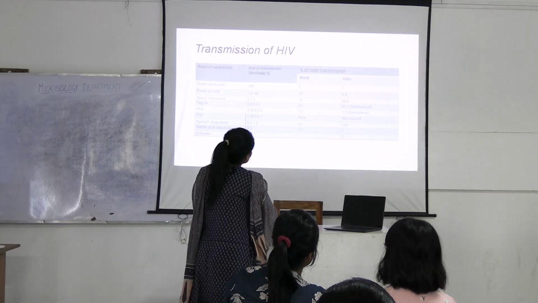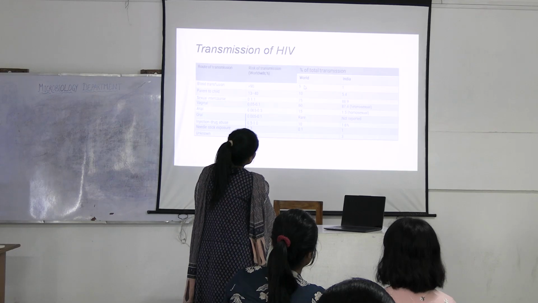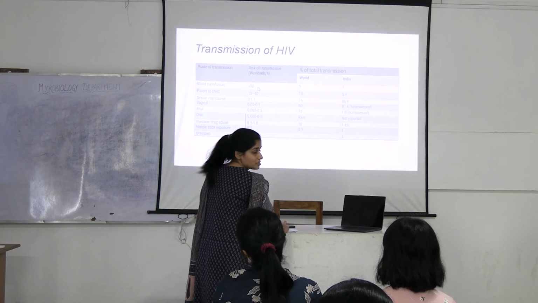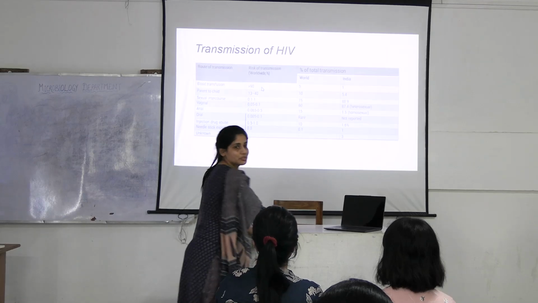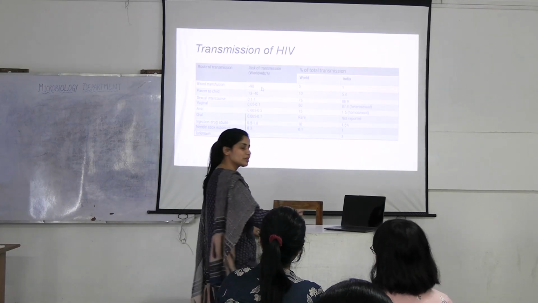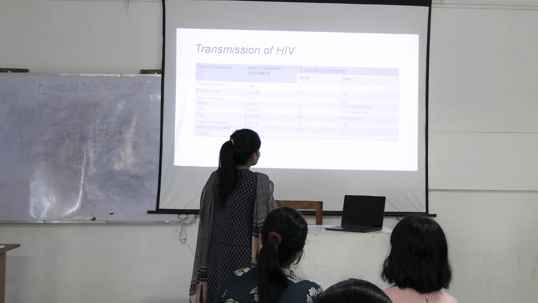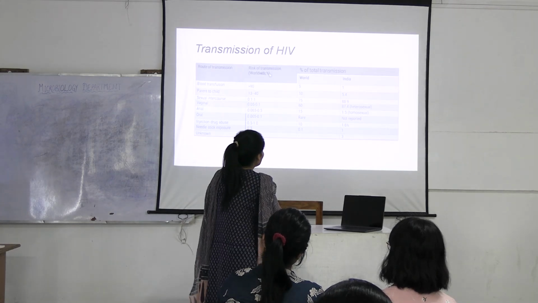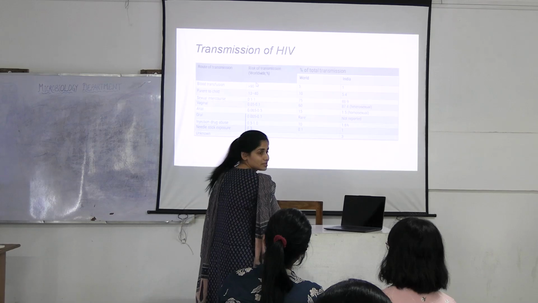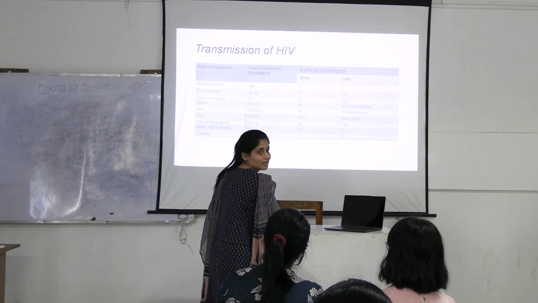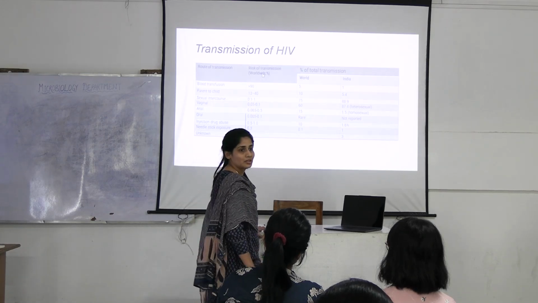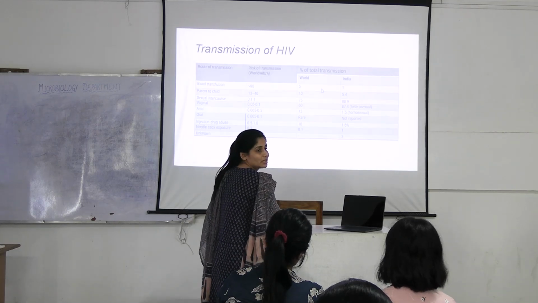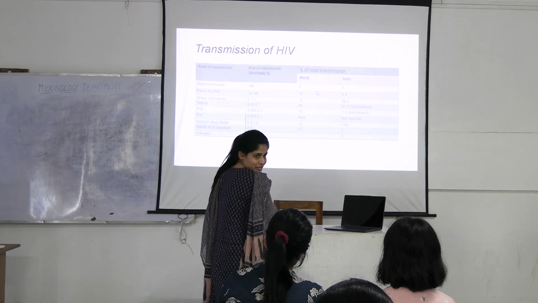Here you can see that the percentage of transmission is very less, 5%. But over here the risk of transmission is more than 90%. It means if a person is getting a blood transfusion from an HIV positive person, there is a 90% risk of transmitting the virus. It means he'll definitely get the infection. But this percentage is very less, it rarely happens.